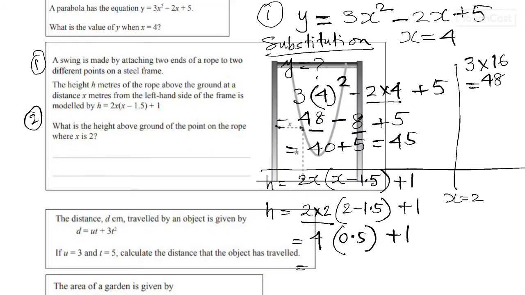Half of 4 is 2, plus 1. The height is 3 meters.